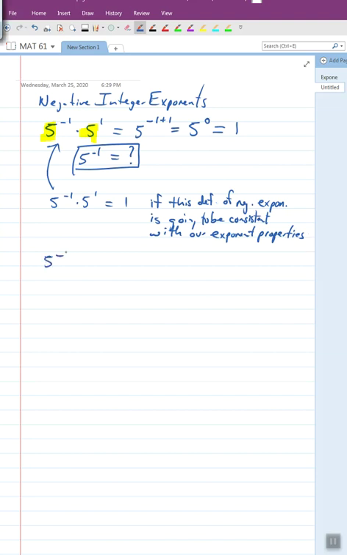Alright, so think about what that says. 5 to the negative 1 times 5 to the 1 equals 1. And of course I know 5 to the 1 is just 5. So question, what's the only number that you can multiply by 5 and get 1? Well, think about that. This can't be 1, can it?